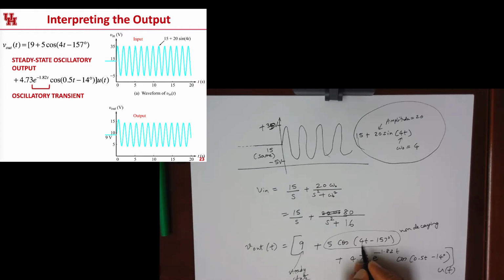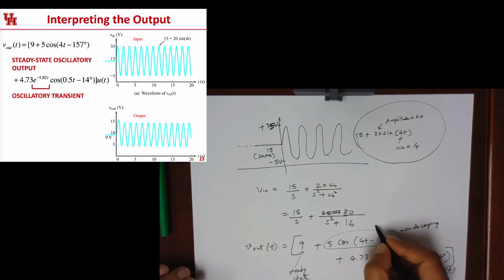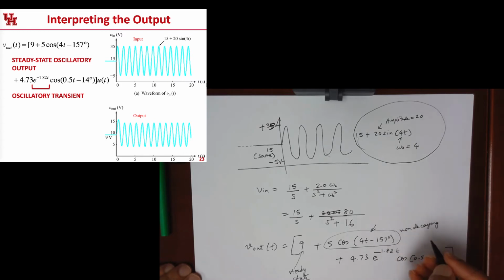So in other words, this is part of the forced output. So this is also a steady state non-decaying oscillation. Then there is a third term which has the exponential e to the minus 1.82. So this is going to be a decaying transient signal.